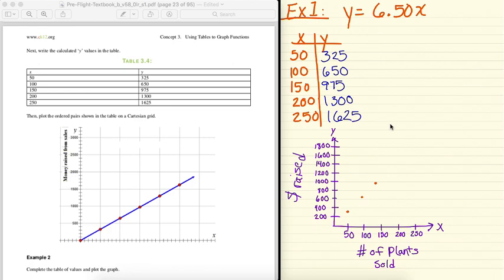Then I have the point 200, 1,300. So I'm going to go to the 200 mark on the x-axis, then go up to about 1,300. And then at 250, I'm at 1,625. And then from there, I'm going to connect them. And there we go. And that would be example 1.